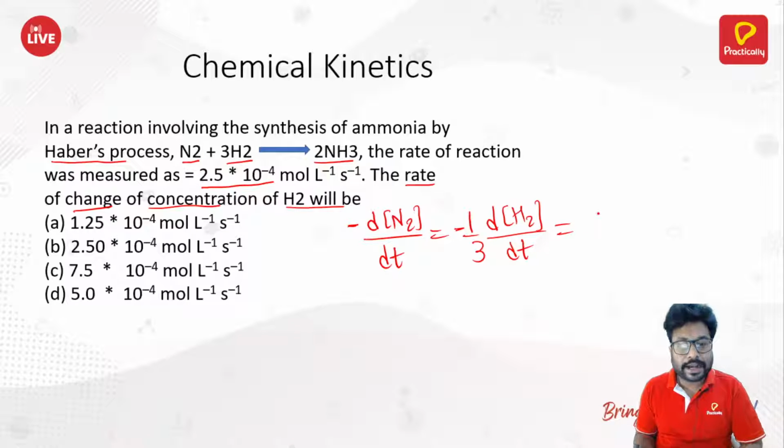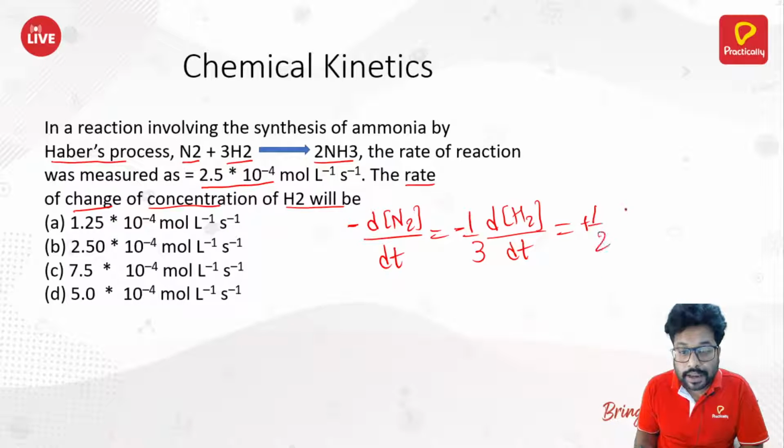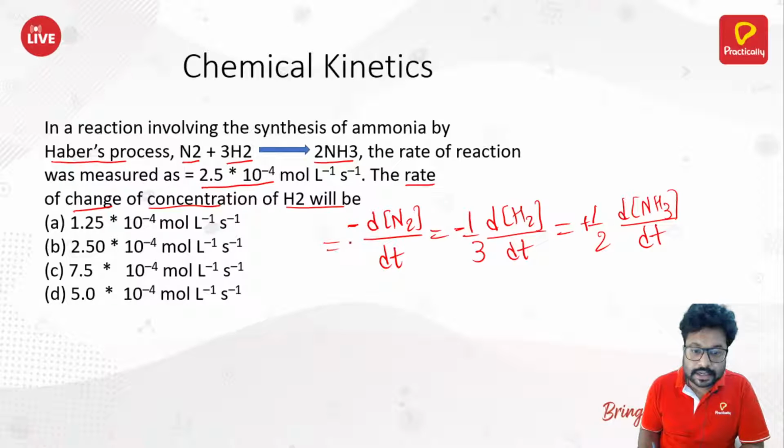Why are we putting a negative sign? Because the concentration of the reactant is decreasing. Then plus 1 by 2 d of NH3 divided by dt. All of this is equal to the rate of your reaction R, which is already given. What they have asked is the rate of change of concentration of H2.